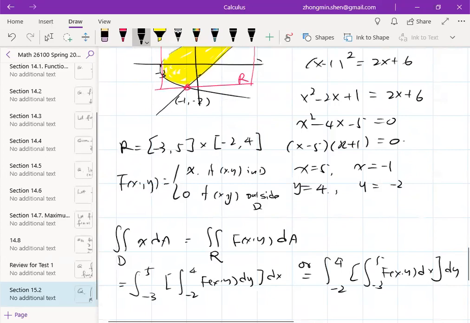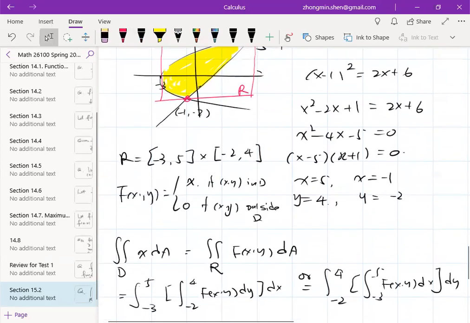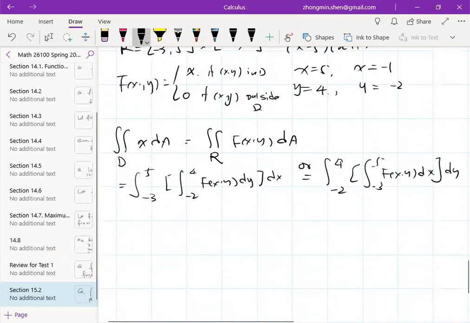Sometimes you can use both, sometimes you can only use one of them. If the y variable is inside, you have to use vertical lines. If the x variable is inside, then you have to use horizontal lines.